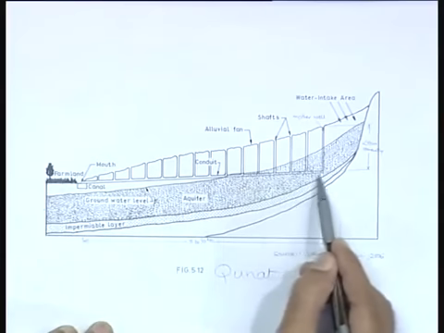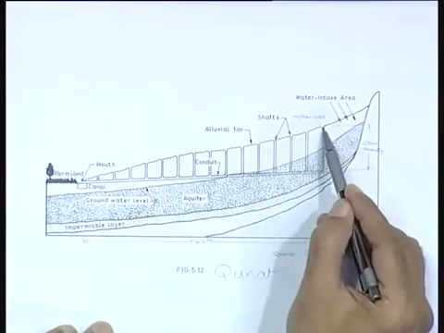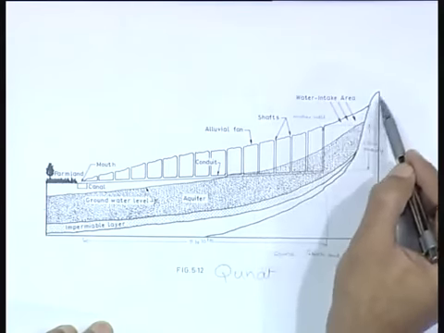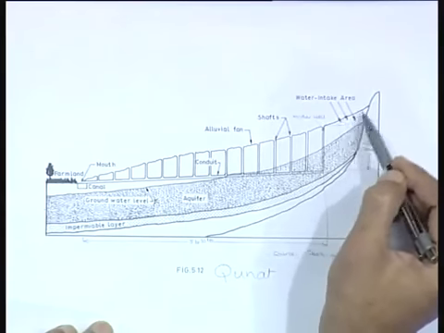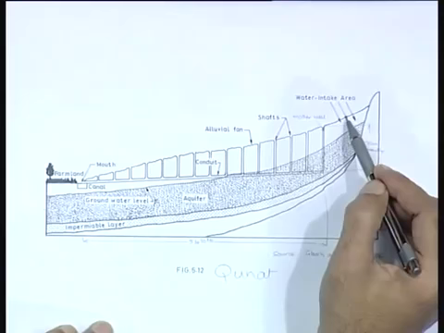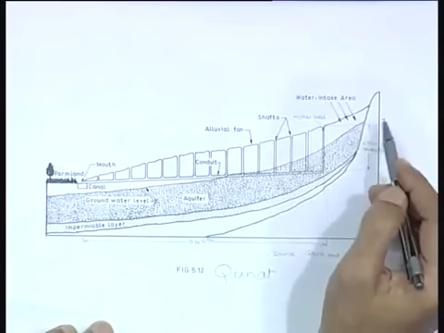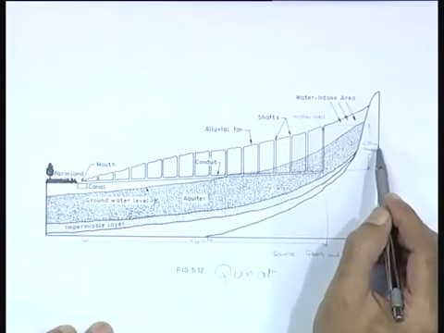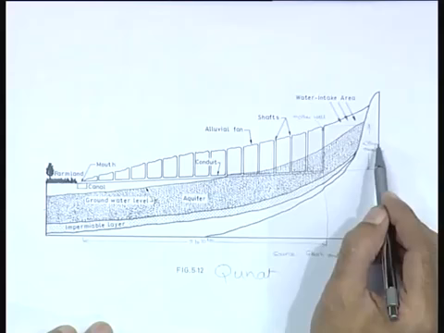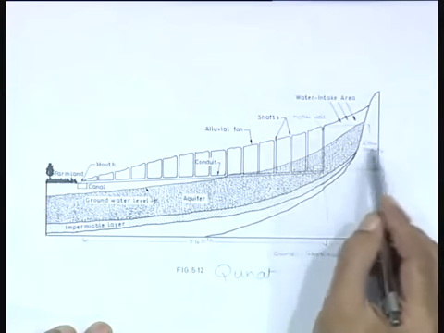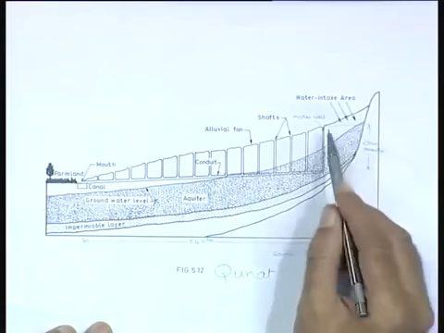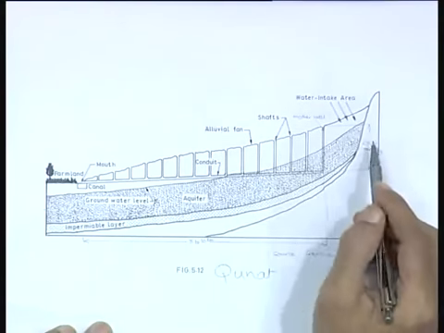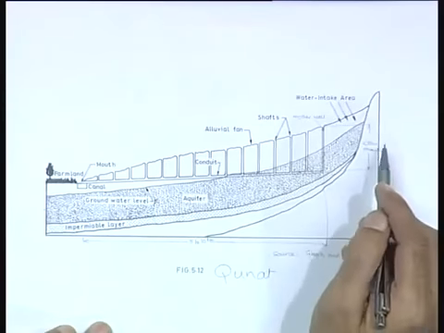The deepest well is known as the mother well, and this is the water intake area. Basically this is a hilly or mountainous area where there is a significant amount of rainfall, and this mother well has a depth of around 50 meters or less. There have been examples of mother wells even as deep as 100 meters, and one mother well has been reported to be around 250 meters deep also.